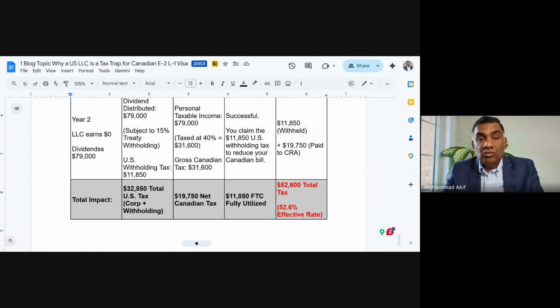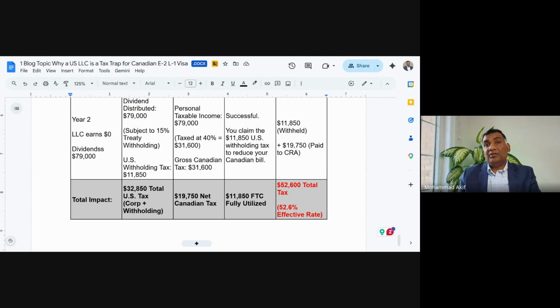All right, so this is what I am talking about. US LLC double taxation, if it's considered a disregarded entity, sole proprietorship, or a pass-through. And then how can you make that a better scenario? By switching it to a corporation on the US side.